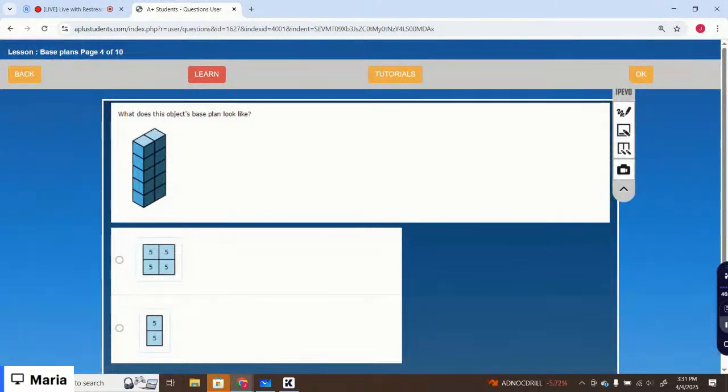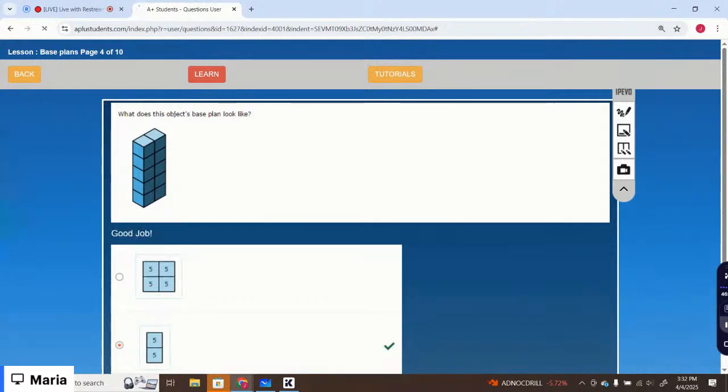What does this objects based plan look like? Option number 2 is the correct option. The base plans look like this. Option 2 is the correct option.